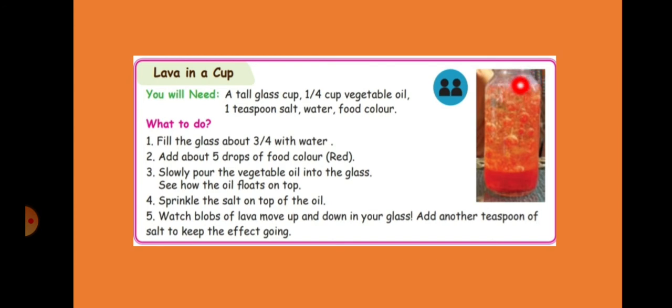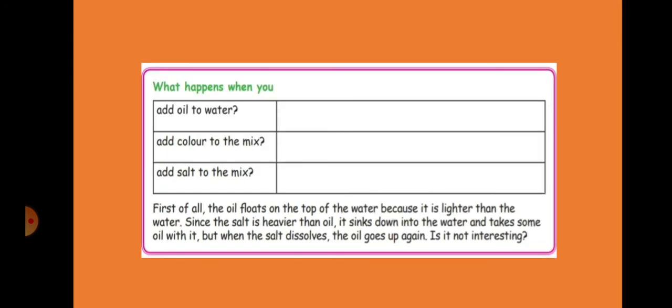Then if we add salt on top of the oil, immediately we'll see blobs like this. Okay, these blobs will come up and down in the glass. So if we want to repeat this, we can add salt repeatedly. Okay, I hope you all tried this.